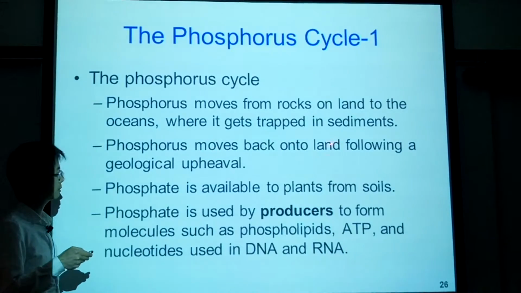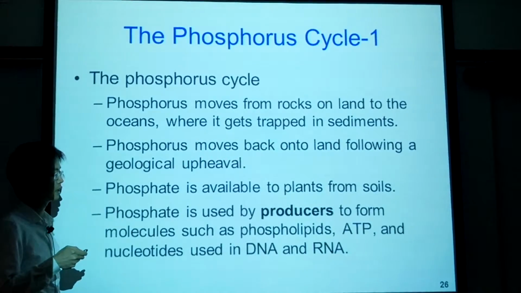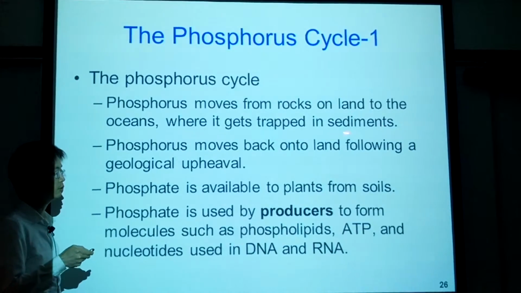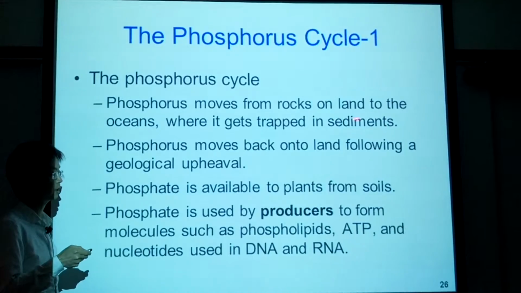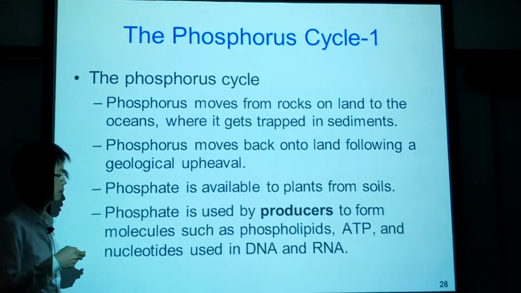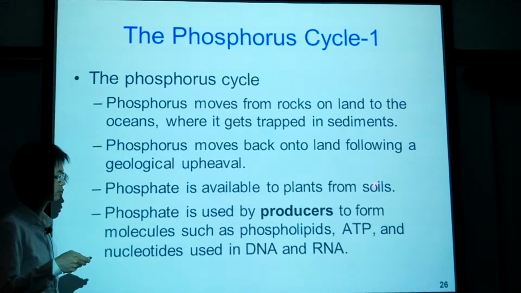And phosphorus goes back to the land by geological upheaval, meaning that when there's a tectonic movement, it will move the phosphorus from the sediment at the bottom of the ocean back to the ground. And then phosphate is available to plants from the soil.